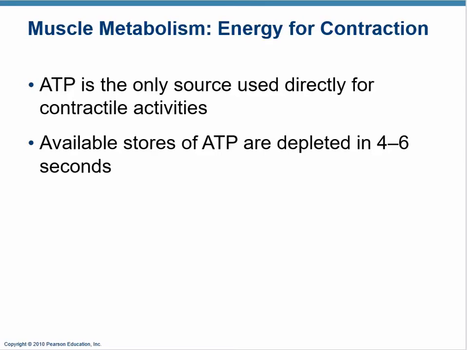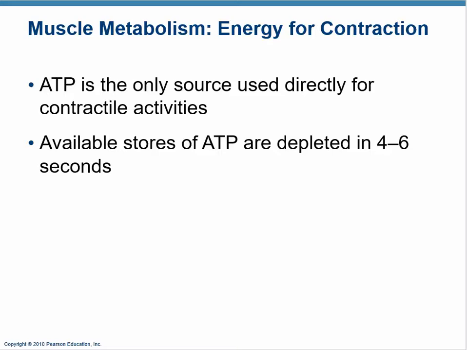So, where does this energy come from? It comes from ATP. And there's a certain amount of ATP stored in every muscle cell for use in that muscle cell. Now, we can't transfer ATP from cell to cell. ATP gets used in the cells that it's made in. So the muscle cells are able to store 4 to 6 seconds of ATP, and that's it.